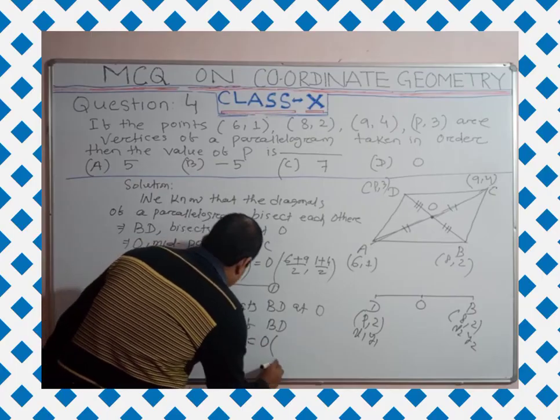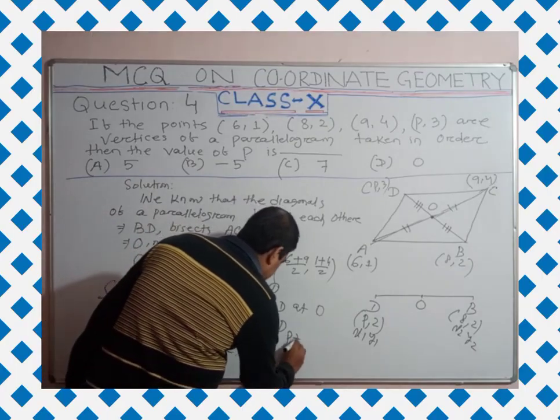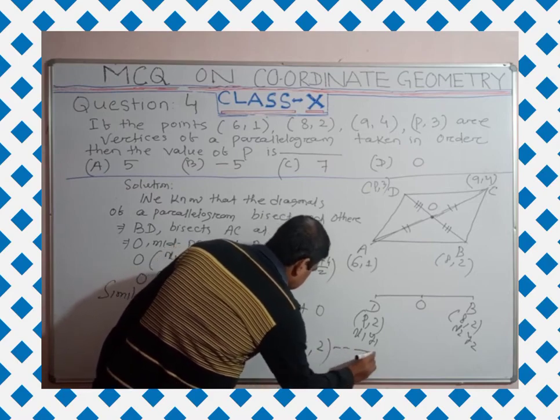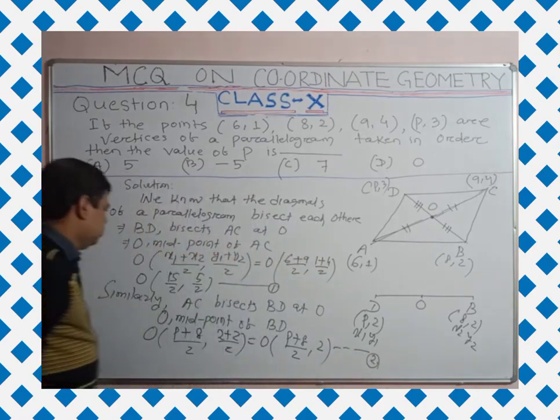And this is the coordinate: P plus 8 by 2 and 5 by 2. And this is the second point we got.